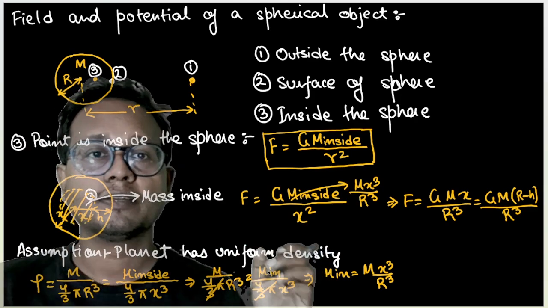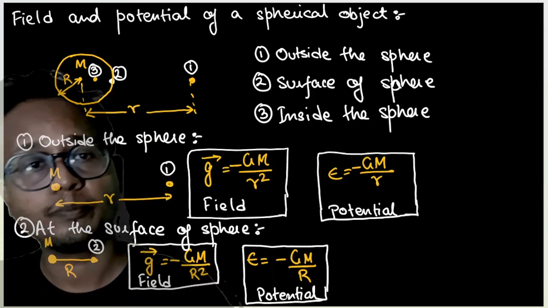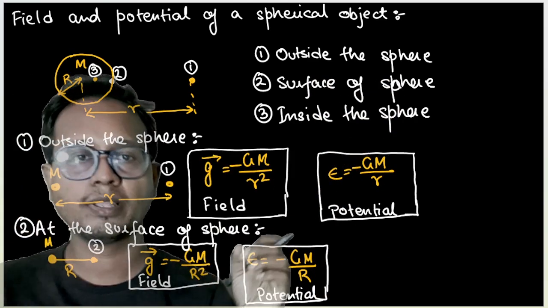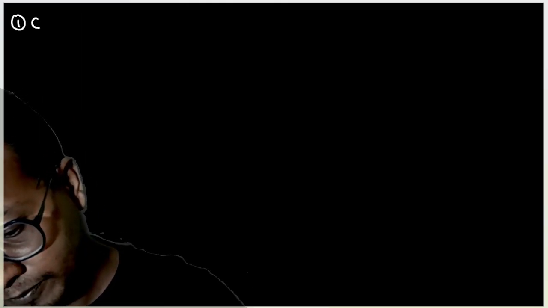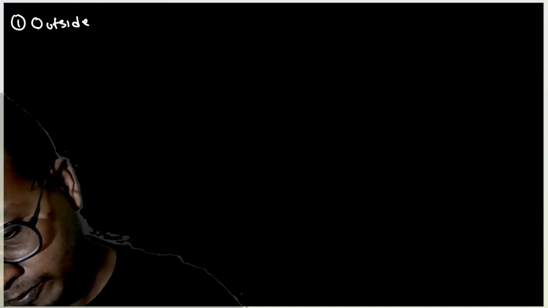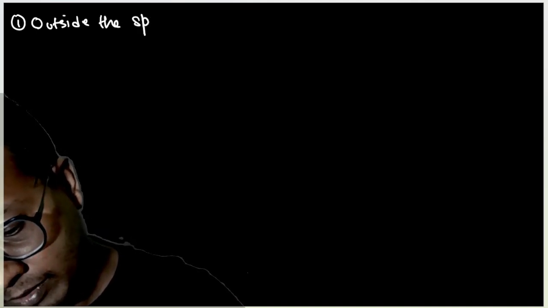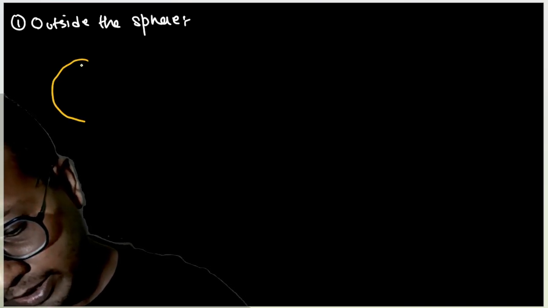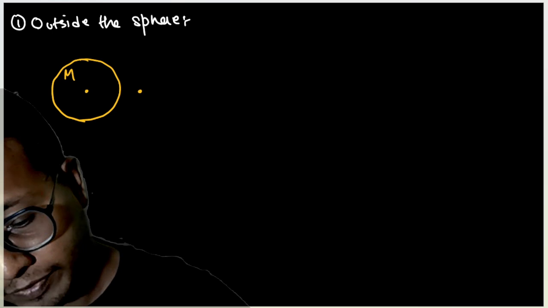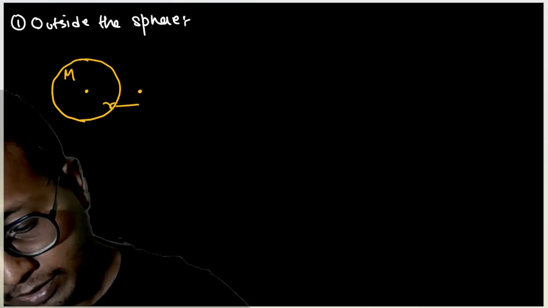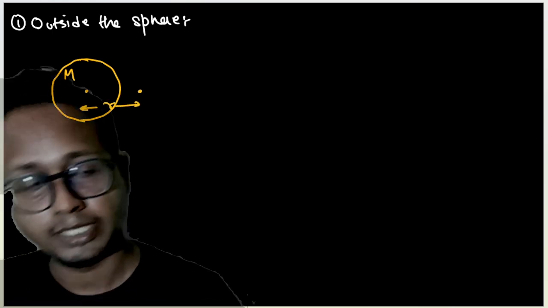The first variation is outside the sphere. Suppose I'm talking about a few more variations of the same formula, outside the sphere. This is mass M. Whenever you have to consider any point outside, the field outside is given with distance r, where r is the distance from the center of the planet.